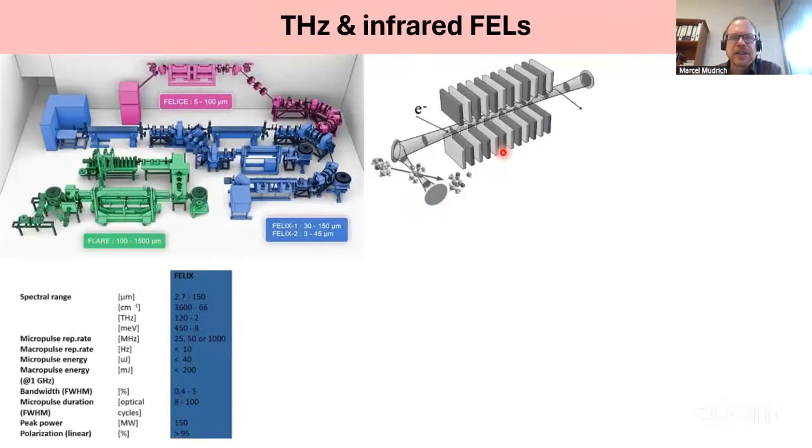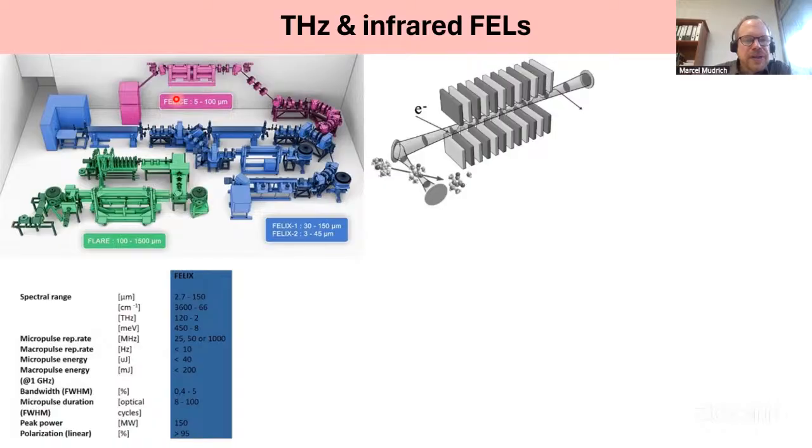And these facilities actually exist. So for example, what is shown on the left is the so-called FELIX and FELICE. FELIX is a terahertz free electron laser, 150 micrometer, and FELICE is far infrared, 5 to 100 micrometer.